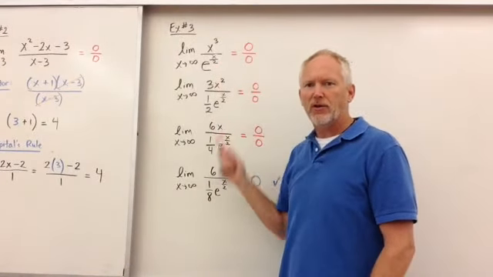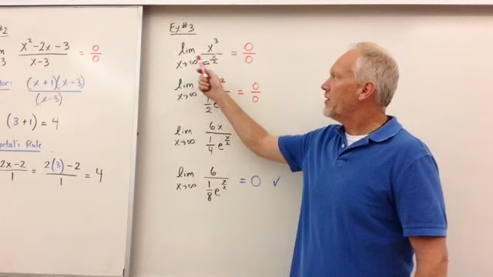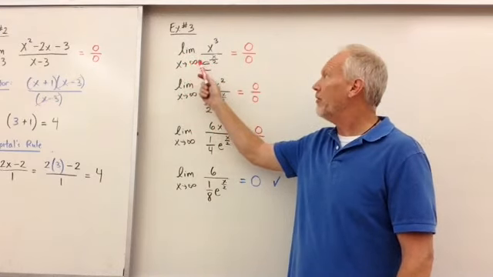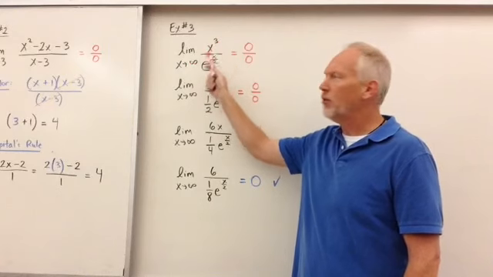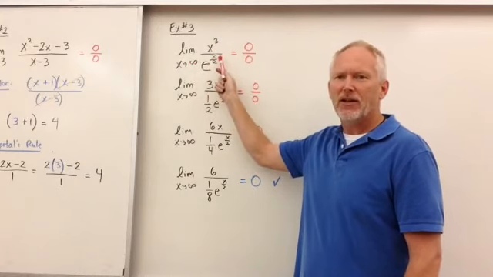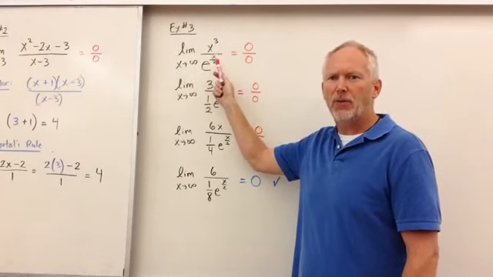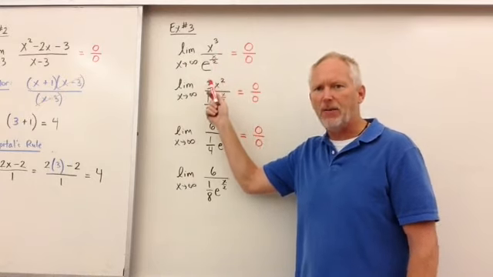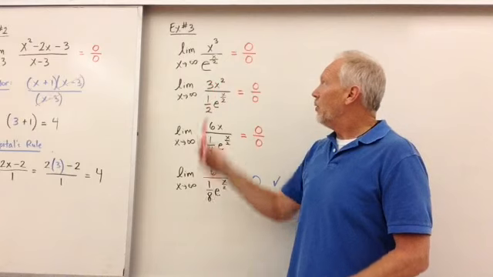This one, wow, you're looking at this going, that's a crazy problem. This is the limit as x goes to infinity of x cubed in the numerator, and e to the x over 2 in the denominator. Hope you can see that.